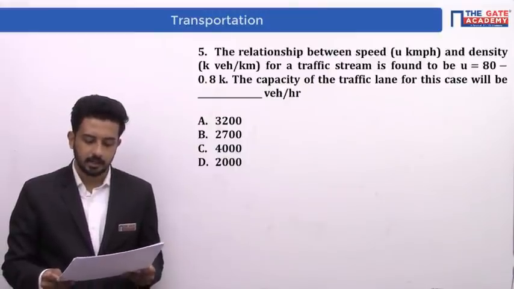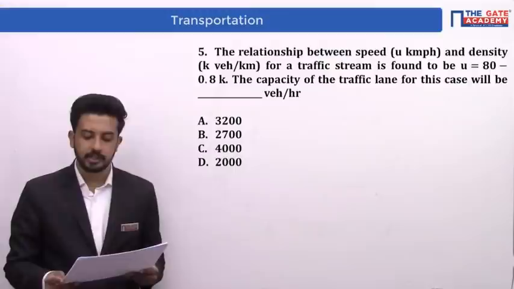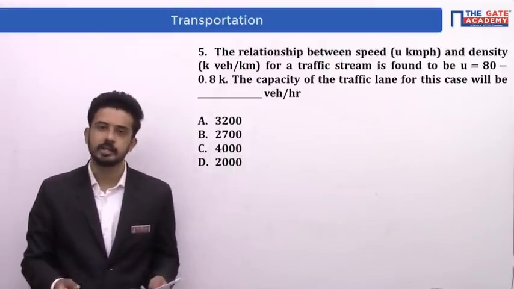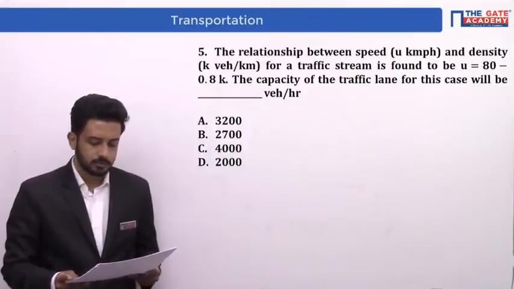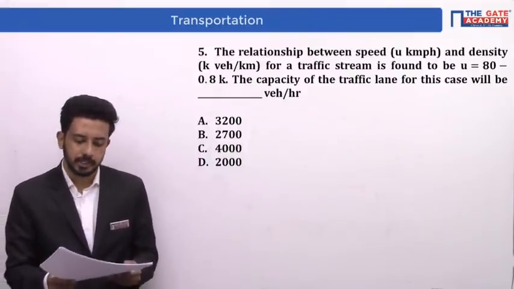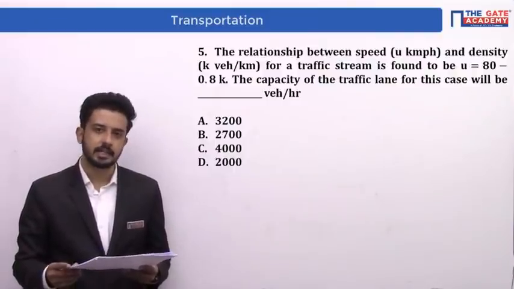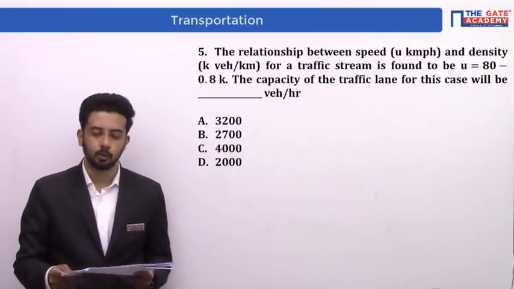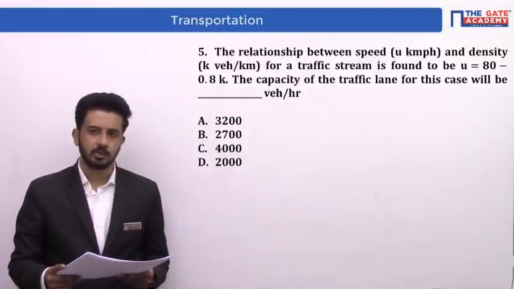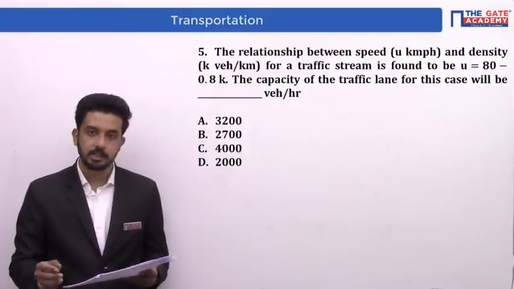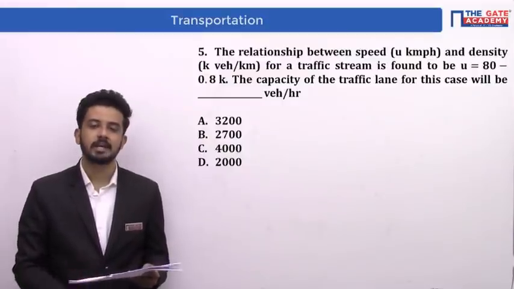The capacity of the traffic lane for this case will be dash vehicles per hour, they have asked. The speed is in kilometer per hour, and density k is in vehicles per kilometer.